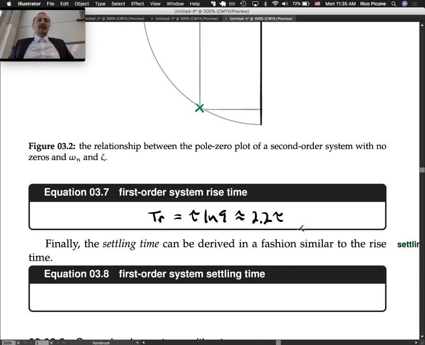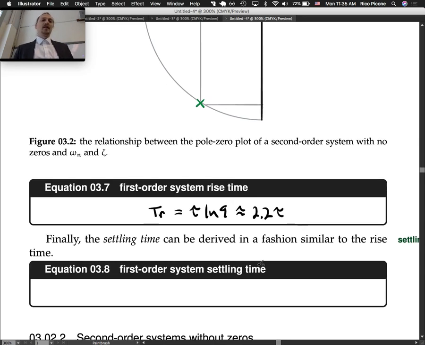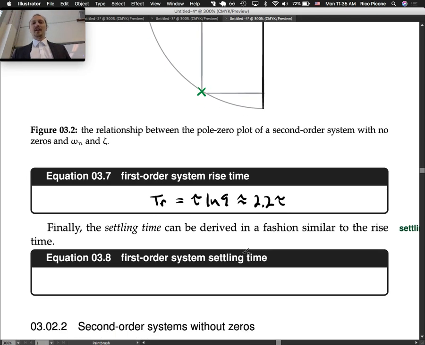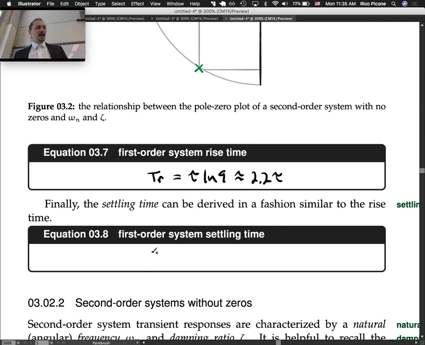Finally, the settling time can be derived in a fashion similar to the rise time. So you have to define when it reaches 98%, right? This thing's never going to leave that plus or minus 2% band. So once that response reaches 98%, it's within 2% of the final value, and then you can solve for what time that occurs. And so it's essentially the same procedure.